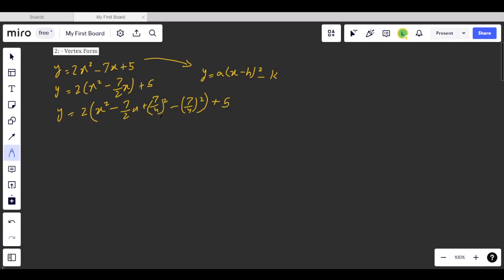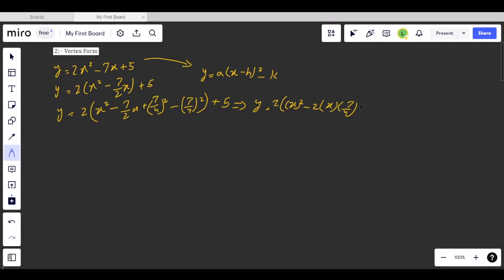So let's write it down further as y is equal to 2 into, this is a squared minus 2 into a into b. As you can see, 2 will be multiplied by 7 by 4, and the 2 will cancel out the 4, and the result will be 7 by 2 x.